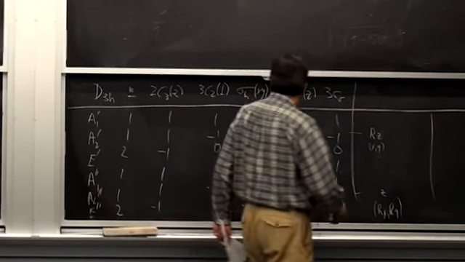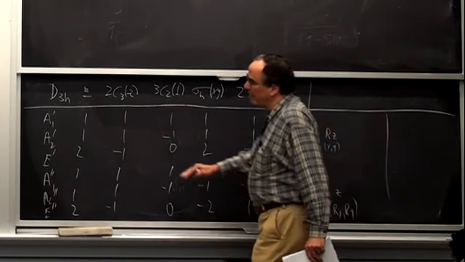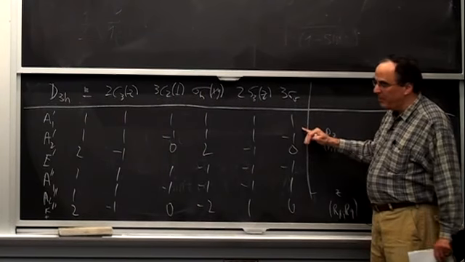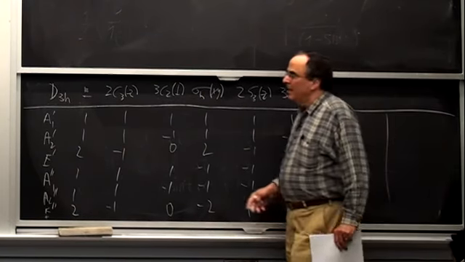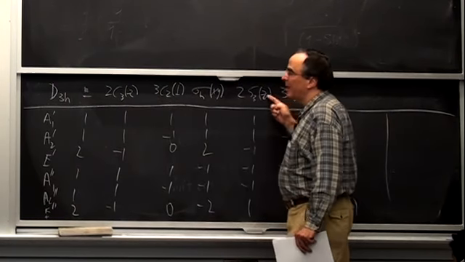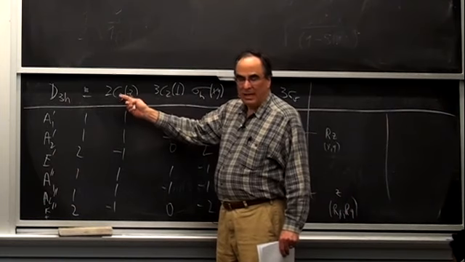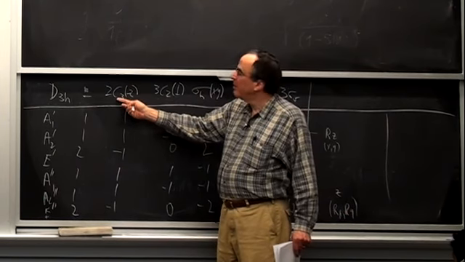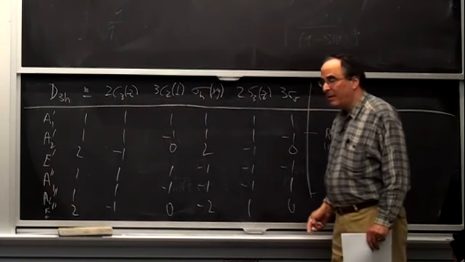Now, we have a character table, and these are the irreducible representations. The first thing to notice is that the symmetry operations are arranged according to classes. I told you what a class is and how to find all the members of a class.